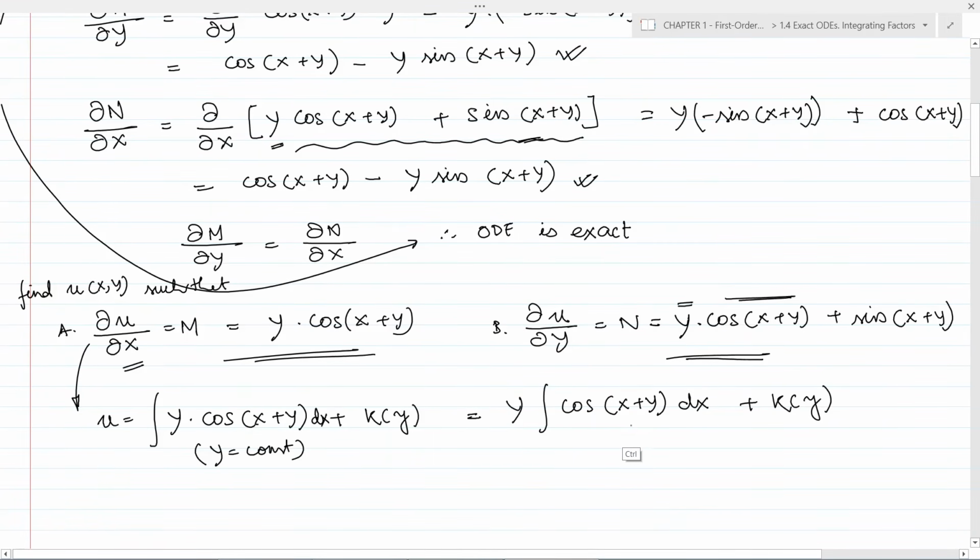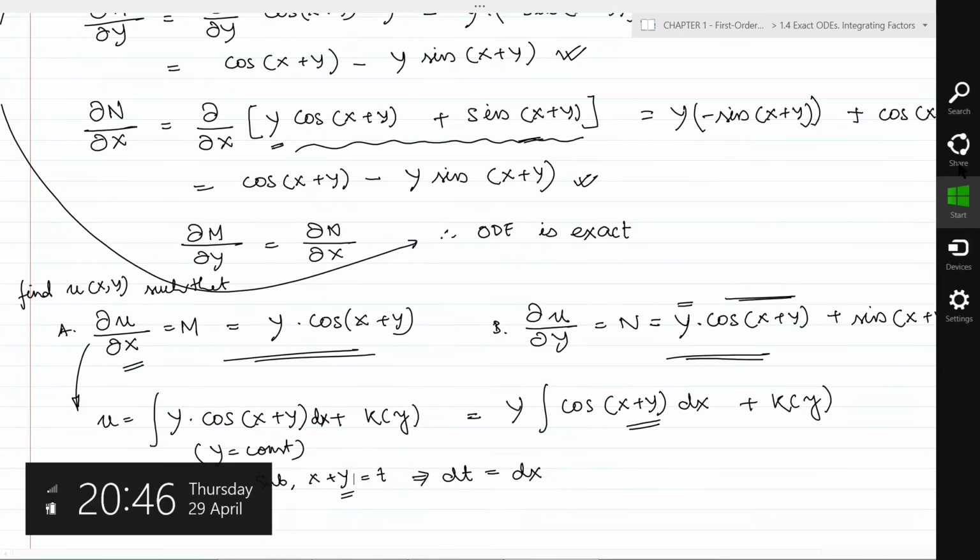For integrating this, let us take this inside term equal to t, let us substitute x+y equal to t, that implies dt equal to dx, because for this integration y acts as a constant, so its derivative will be 0. So, dt equal to dx.